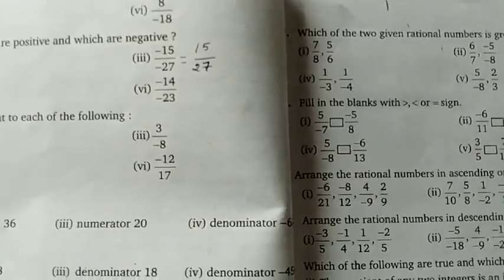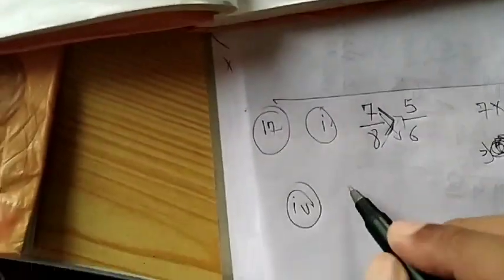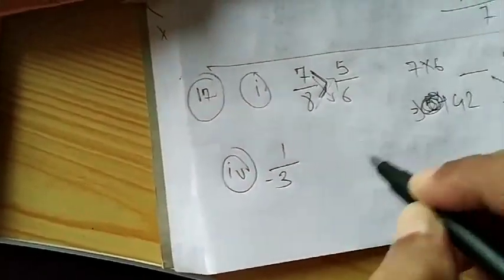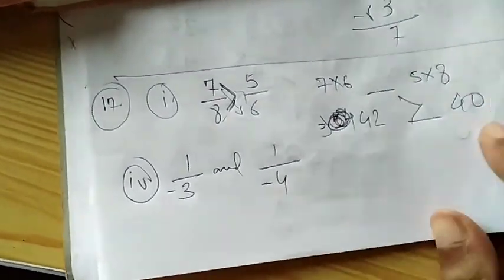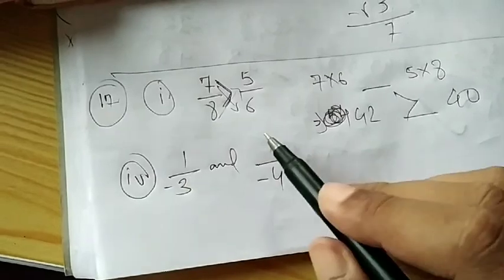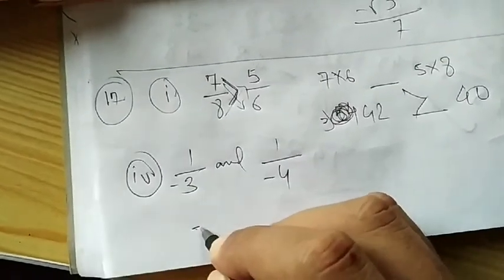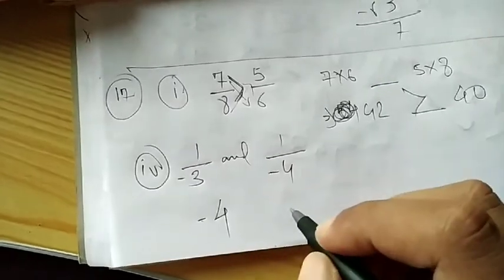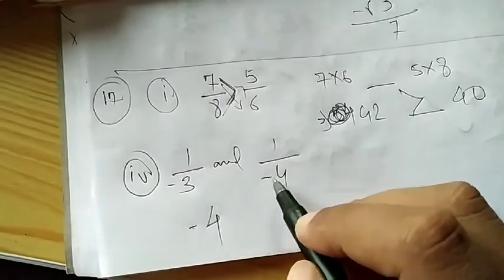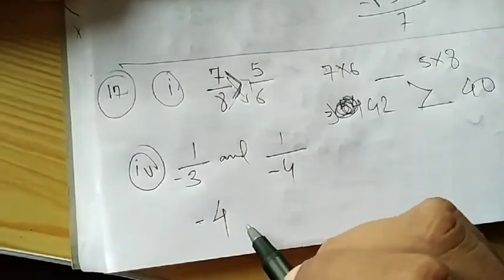Question number 4 says 1 by minus 3, 1 by minus 4. Let's cross multiply. Minus 4 into plus 1 is equal to minus 4.